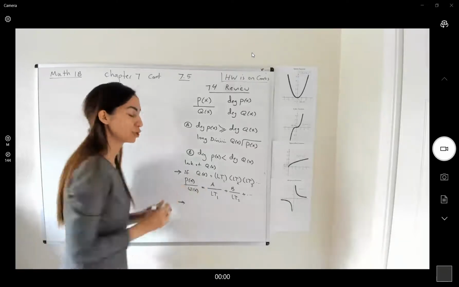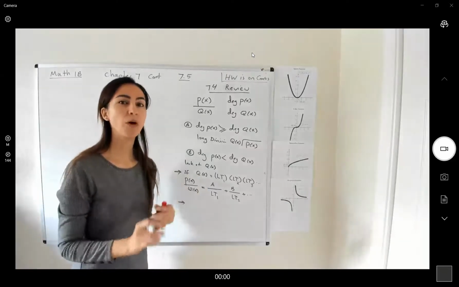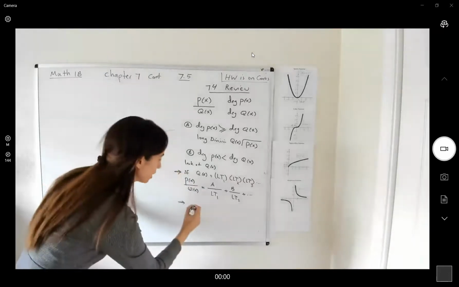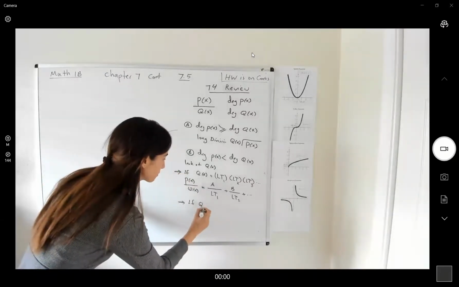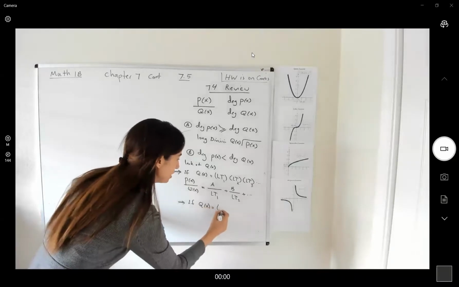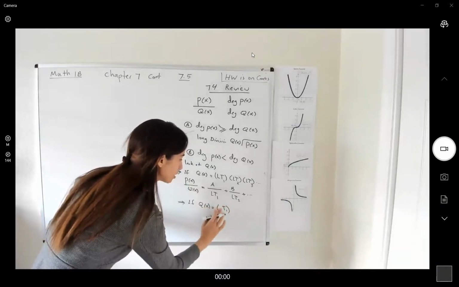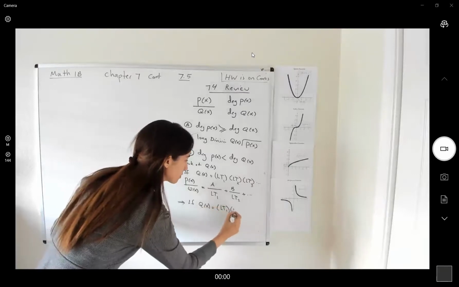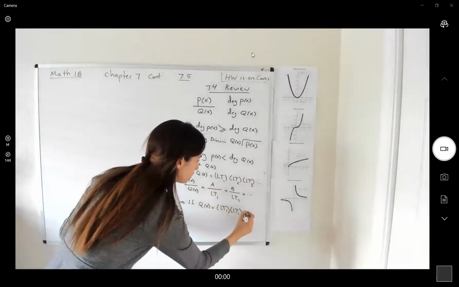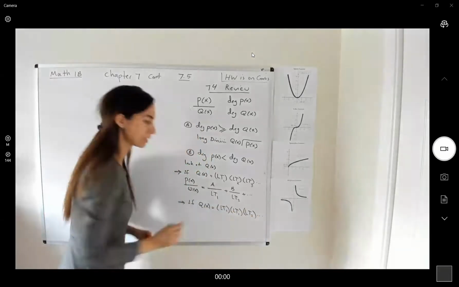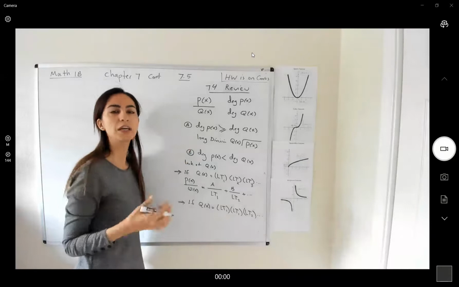What if q(x) is a multiple of the same linear term? So if q(x) is linear term 1 times linear term 1 times linear term 2, and so on, you can see the first linear term is repeated.